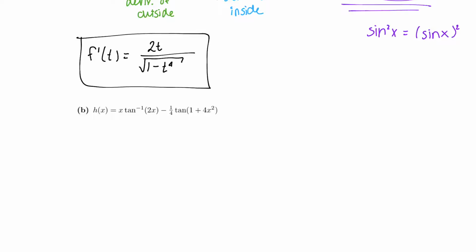So, as a note, for this next derivative, we're going to need tan inverse. So I'll just write what tan inverse's derivative is. It's 1 over 1 plus x squared.